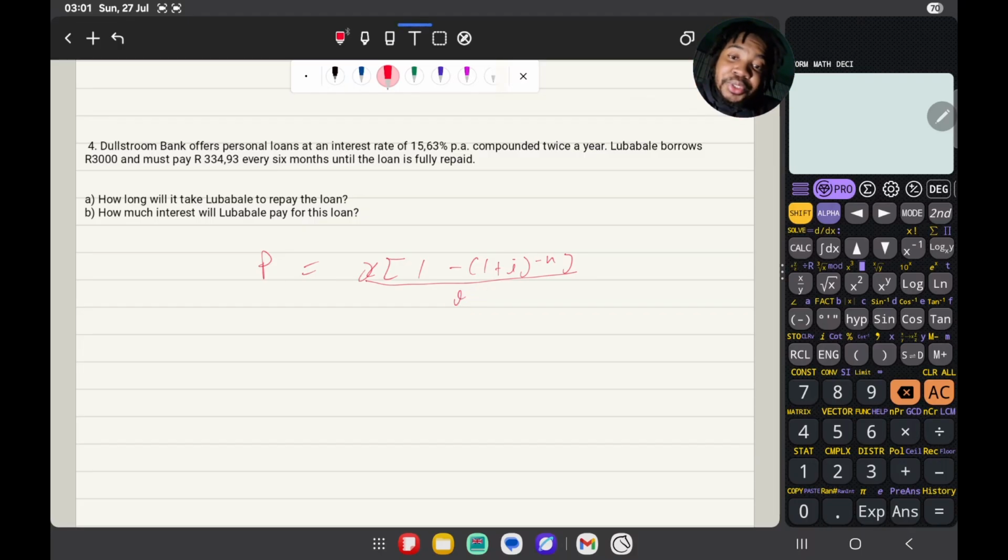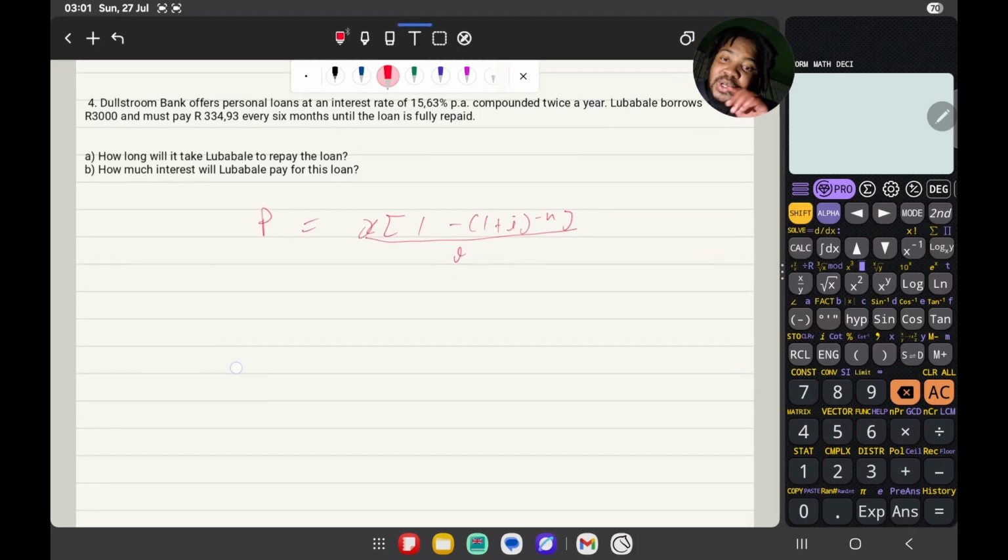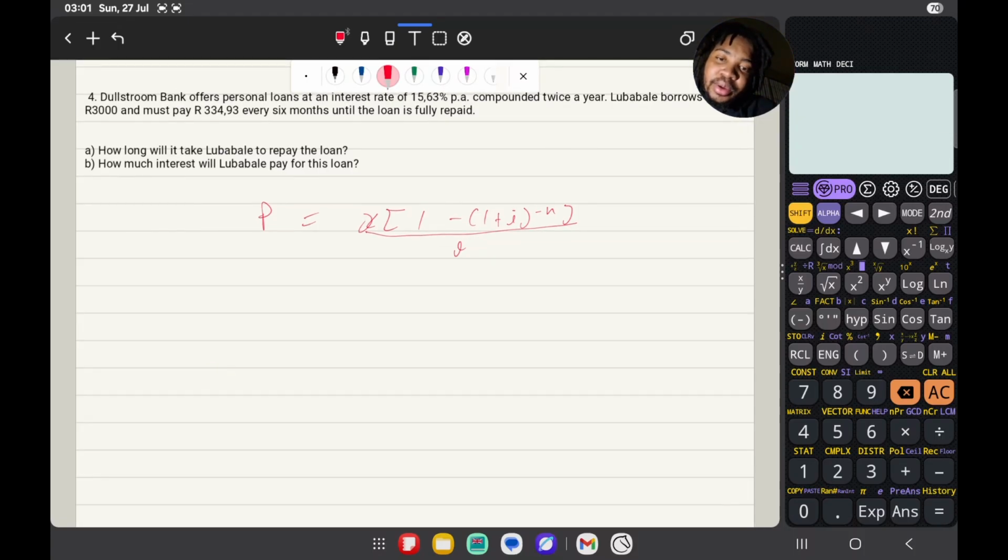So here I'm thinking we're going to use logs. For us to actually do that, the next step is we're going to have P times i over x, which is going to be 1 minus, right? And then we're going to have (1 plus i) to the power minus n.